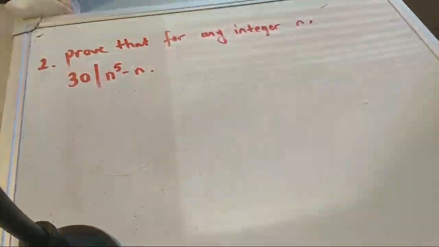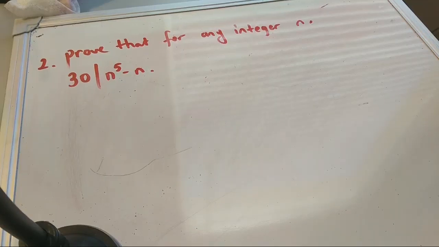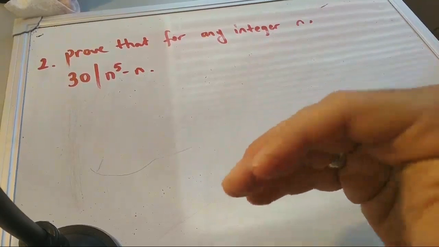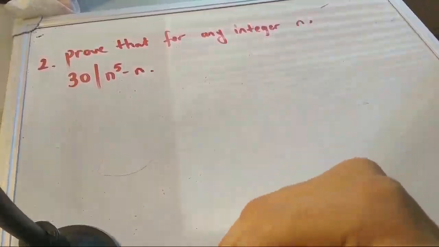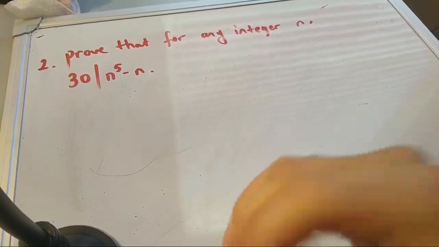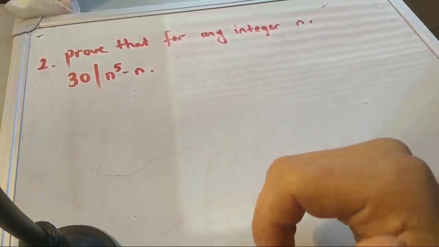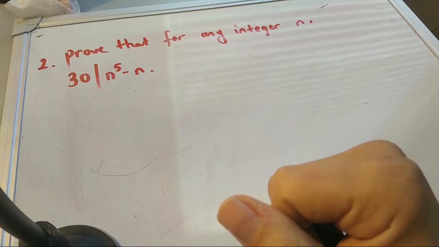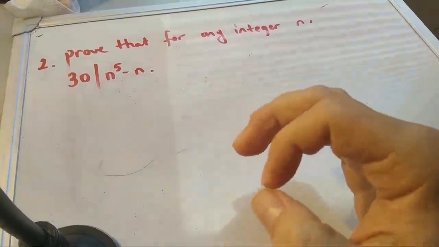Okay. Think about this. How can we figure out n to the power of 5 minus n is divisible by 30, and we have to prove it for any integer n? How should our approach be?